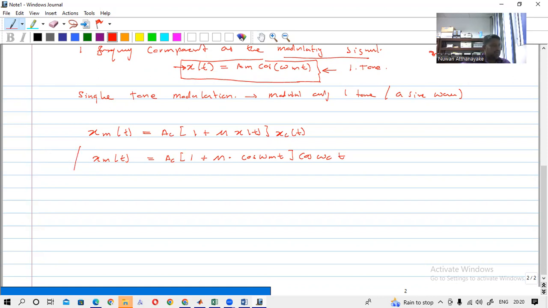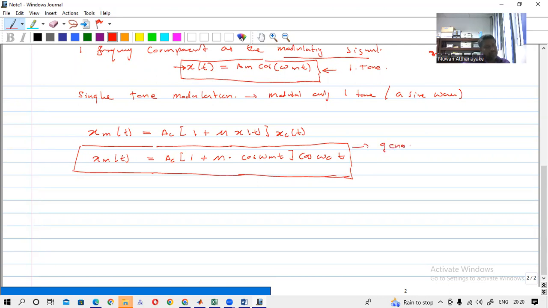This is the general form of the single tone amplitude modulated signal, or waveform, the time domain signal. You should know this. Please be careful when you substitute xc t and xt: you have to substitute them without the amplitude.